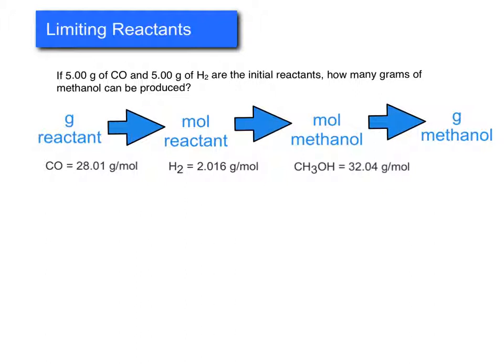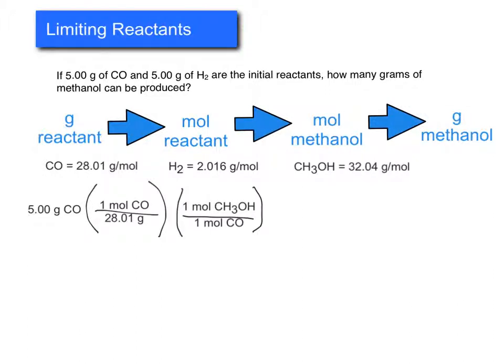We're going to do 5 grams of CO, because that's what we're given, times 1 mole of CO is 28.01 grams, times 1 mole of methanol uses up 1 mole of CO, and then times 32.04 grams of methanol in 1 mole. And that will give us 5.72 grams of methanol if we use up all of our carbon monoxide.